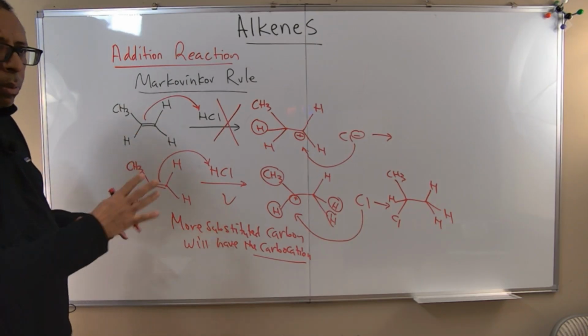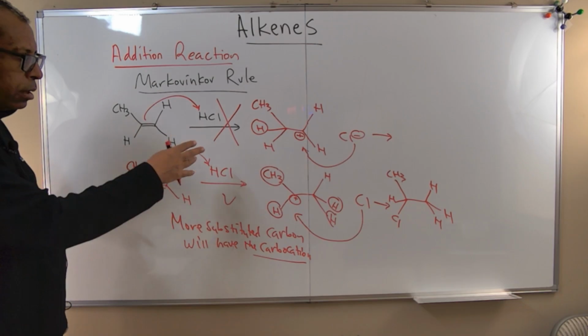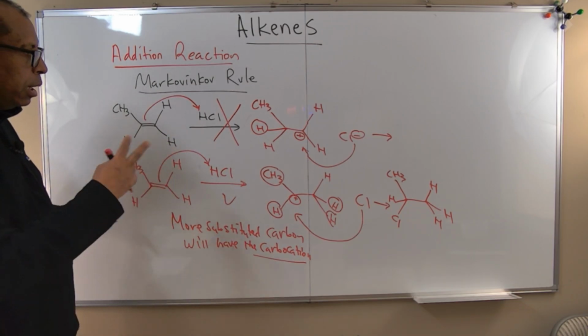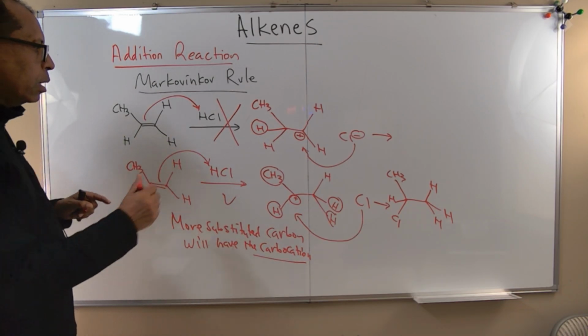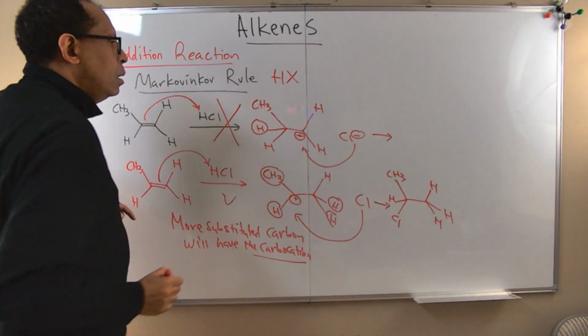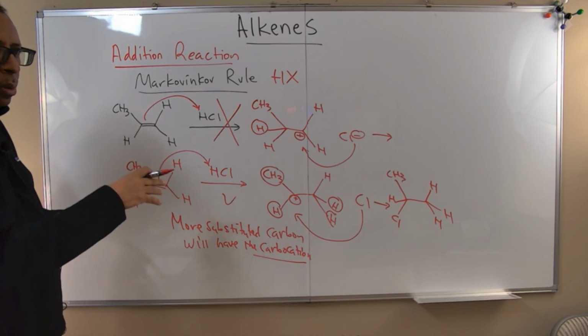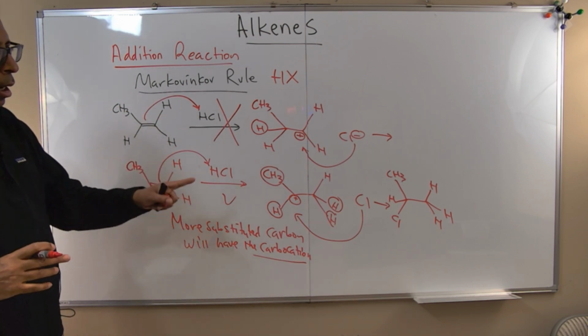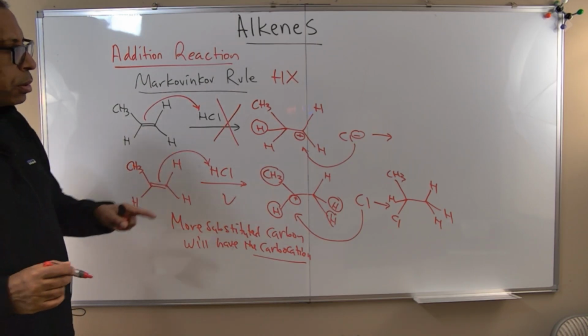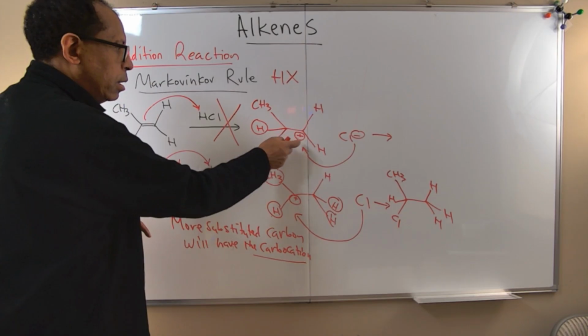So according to Markovnikov's rule, the addition of any HX, hydrogen halides, I would say in general, HX addition. According to that, the electronegative atom would go to the more substituted carbon, because that more substituted carbocation is much more stable than the other one.